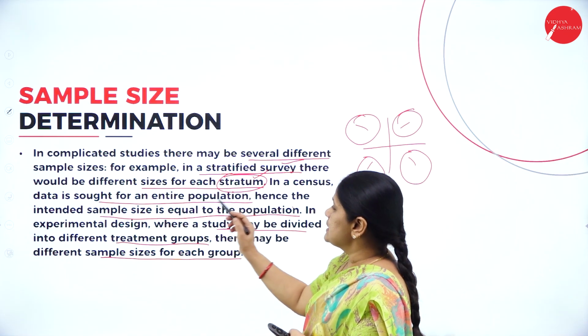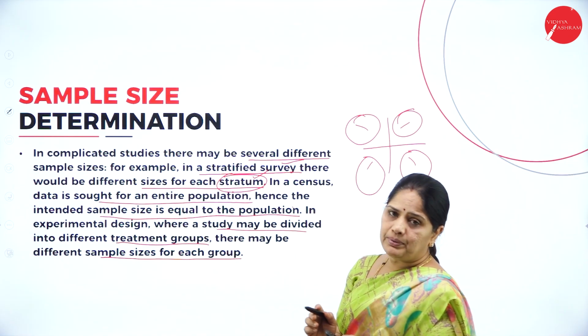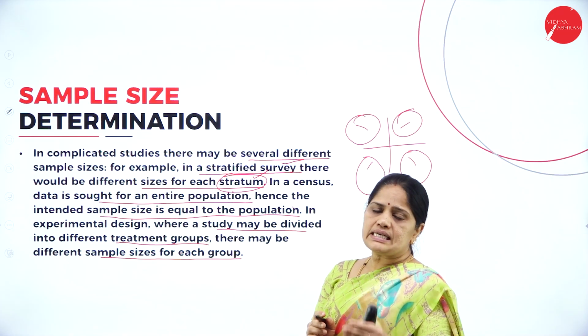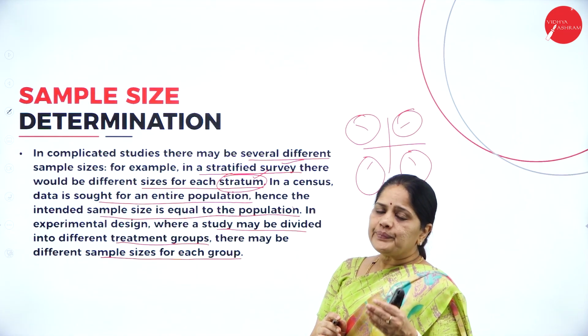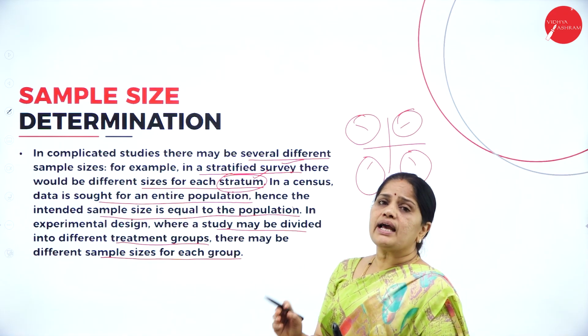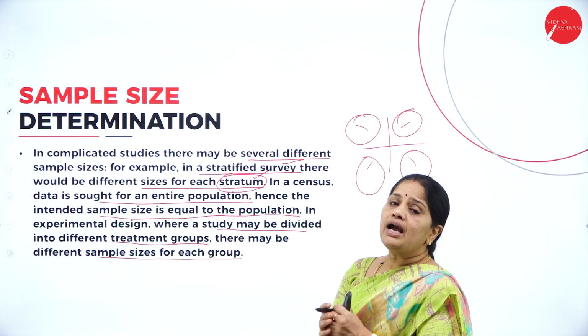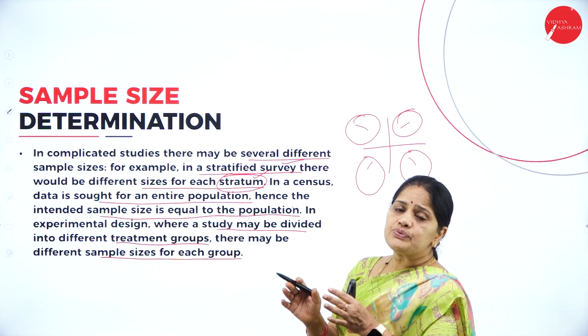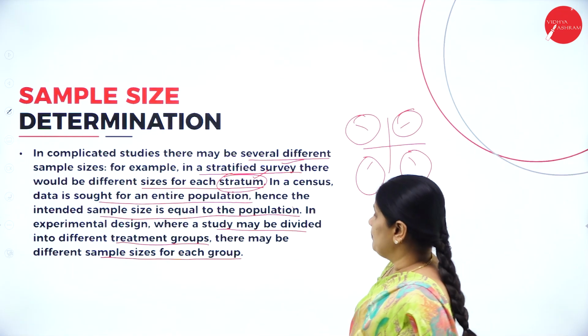In a census, the data is sought for the entire population. If you are having a census type of survey, then you have to collect data from each and every unit of the population, and the sample size will be equal to the size of the population.